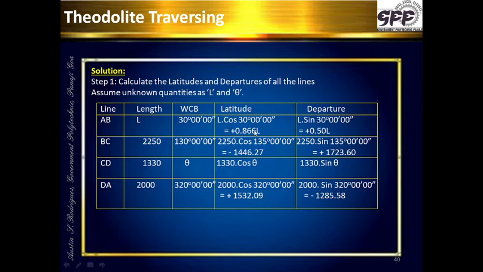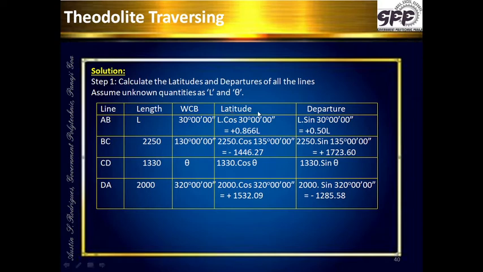Plus 0.866 L tells me that latitude is in the north direction. It is a northing. Departure is L sine theta, so L sine of 30 degrees gives plus 0.50 L. Plus tells me that this is in the east direction, or it is easting. Coming to the line BC, we have the length as 2250 meters, the angle as 130 degrees.